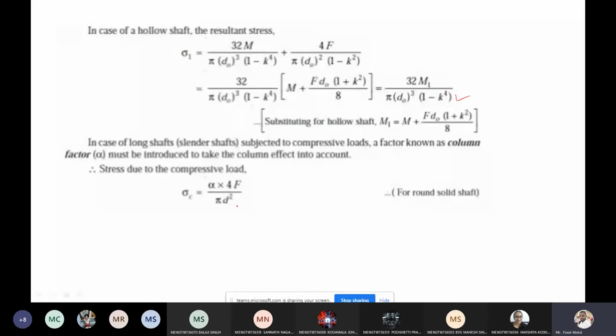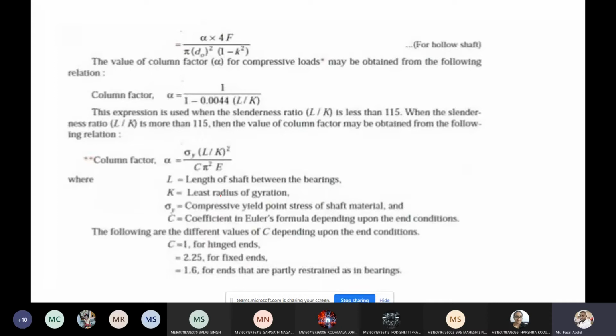That column factor is alpha, and this is the equation: alpha is equal to 1 by 1 minus 0.0044 L by K. We use this equation when the L by K ratio is less than 115.